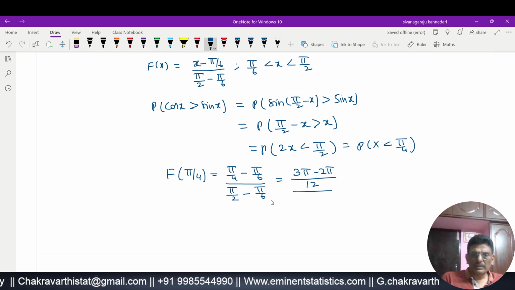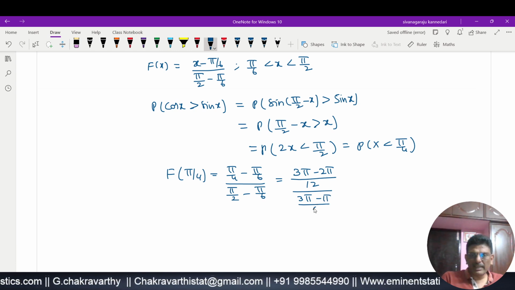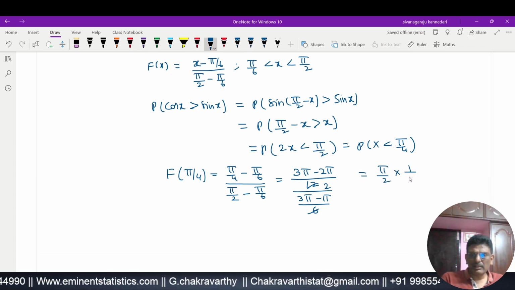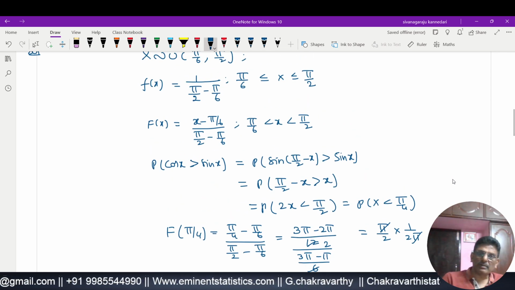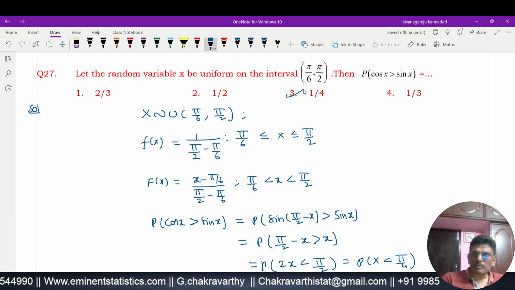The denominator LCM is 6, giving (3 pi minus pi) by 6. The 2 times cancels, here is pi by 2 into 1 by 2 pi. Pi cancels. The result is 1 by 4. The third option is correct.